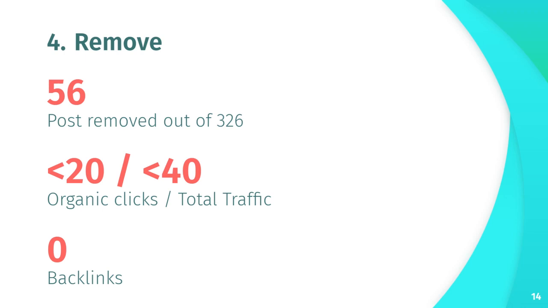In our case, because our blog was small in terms of traffic, I decided that for the whole year, any article with less than 20 organic clicks or 40 total sessions in the year and that didn't have any important backlinks, we were able to remove it without harming our SEO strategy at all.